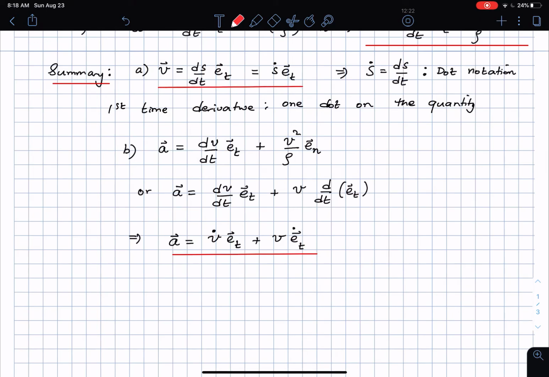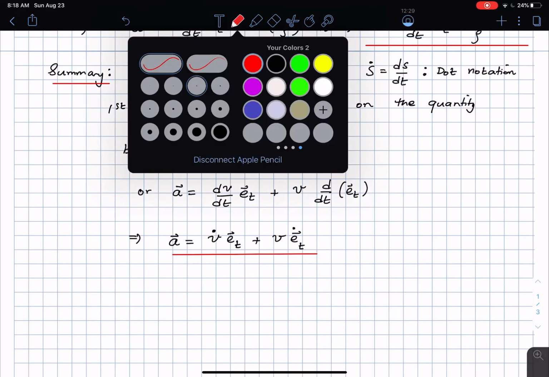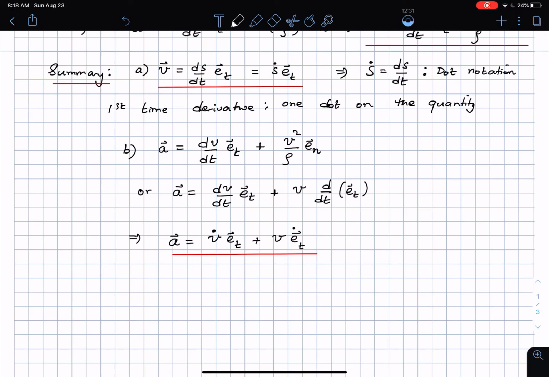Now, what's the nice thing here? What is the direction of the velocity vector? It's always tangent to the path, right? Because it's in the direction of e_t. But what is the direction of the acceleration vector? It is not necessarily tangential to the path if the path of the particle is a curved path.